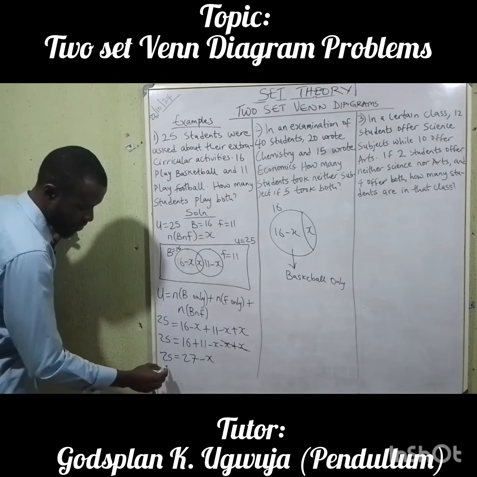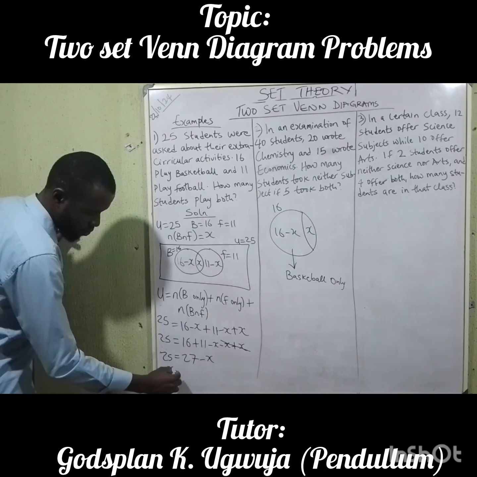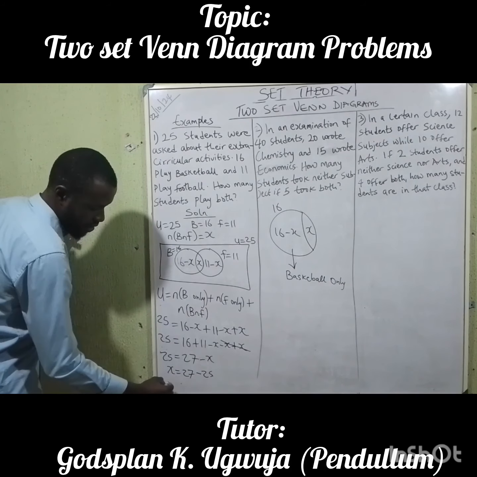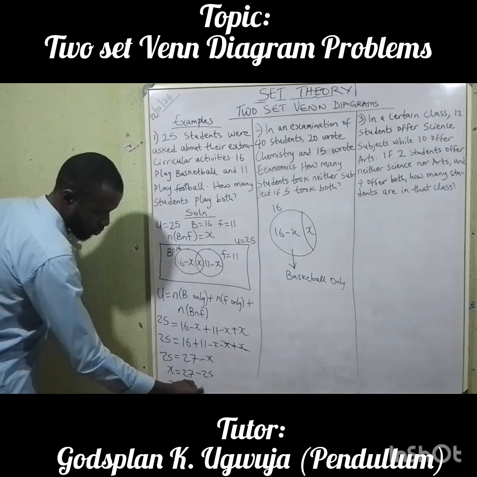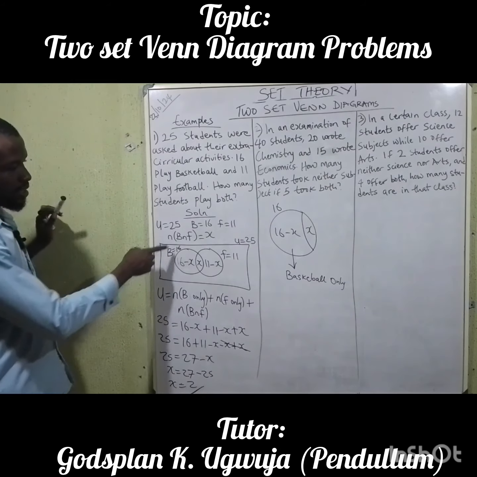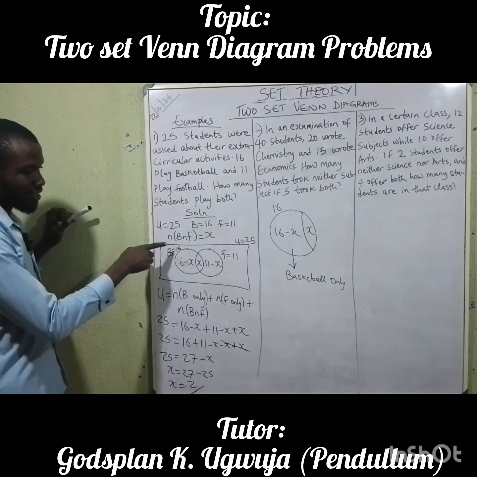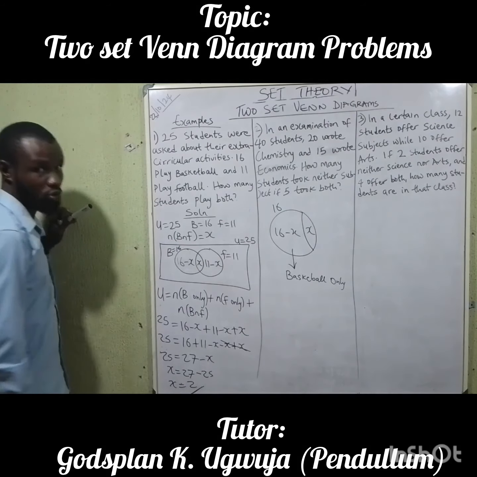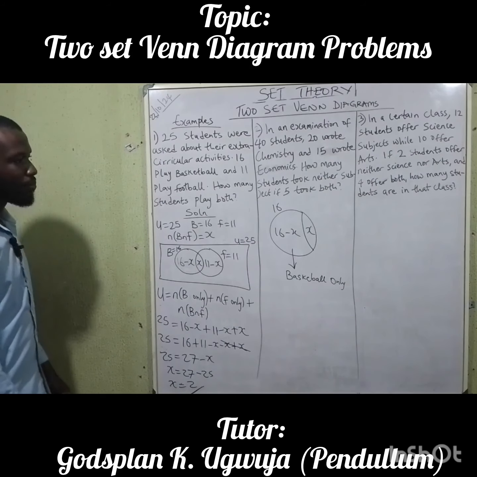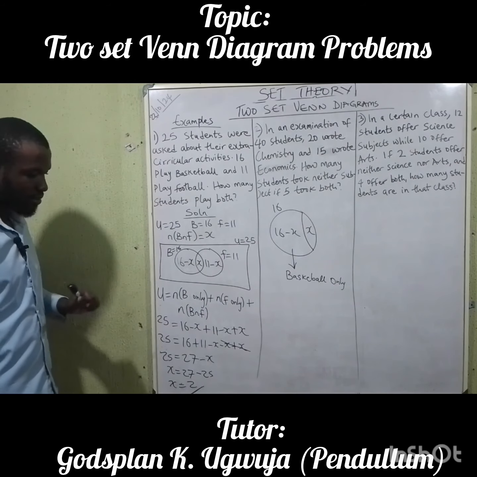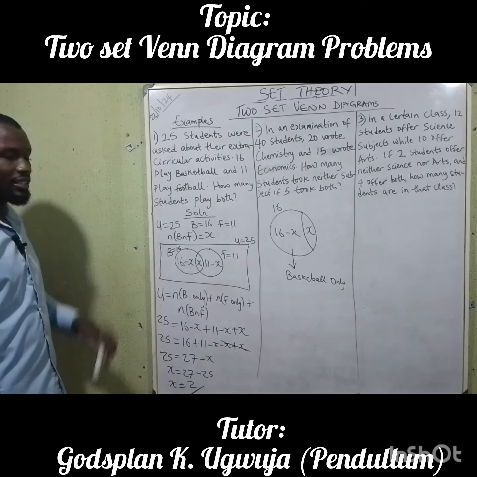So x will be equal to 27 minus 25, and x is equal to 2. So the number of elements in basketball intersection football, x, is equal to 2. So 2 students play both sports. That's the answer to this question.